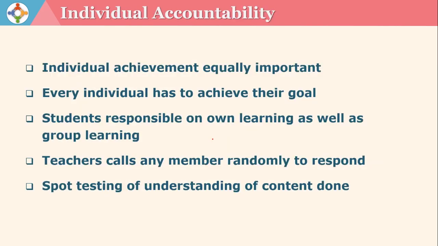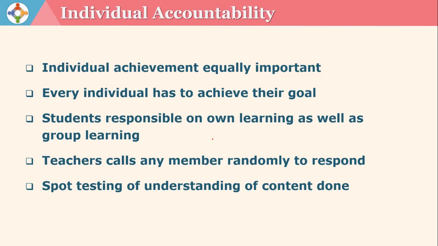Now comes the second element, that is individual accountability. Individual accountability means individual achievement is equally important. Though the group goals are important, individuals have to achieve their goal also.